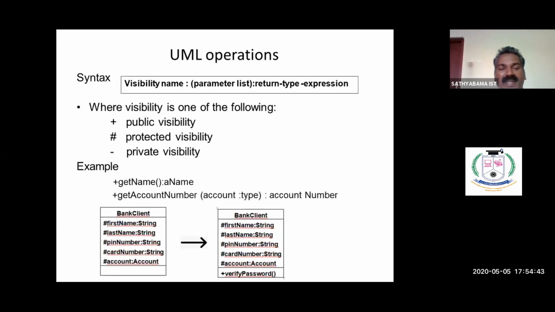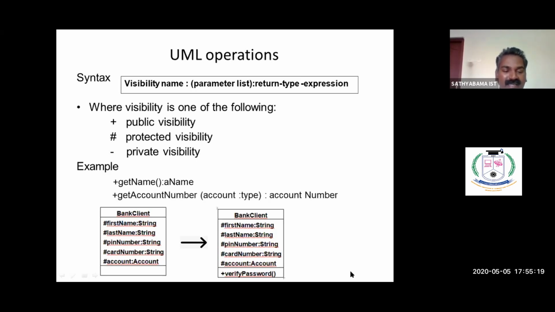Defining the operation, such as a constructor or destructor or an operation name, can be done using a particular syntax: visibility name, which will be public, protected or private. Public means the operation will be shared with other objects. Protected means within the class and subclasses can interact with the particular behavior. Private means only within the particular class can the operation interact.